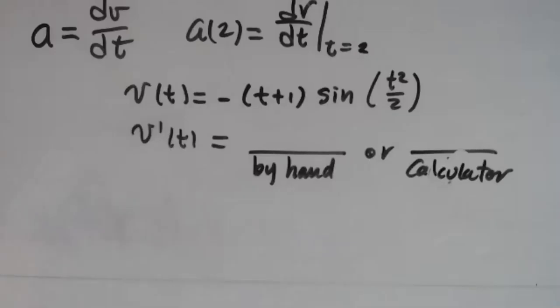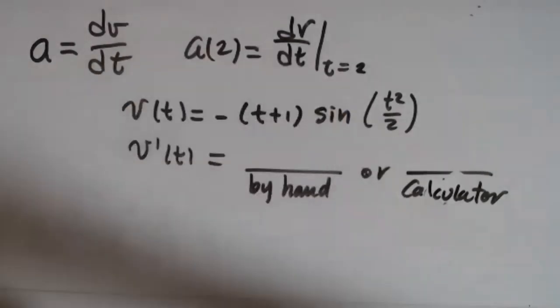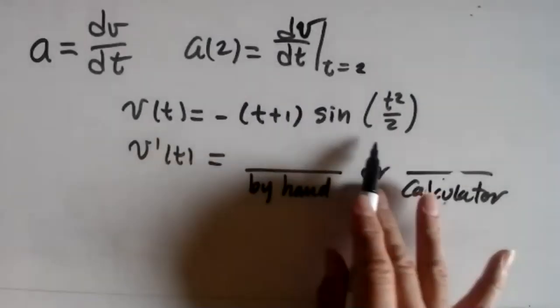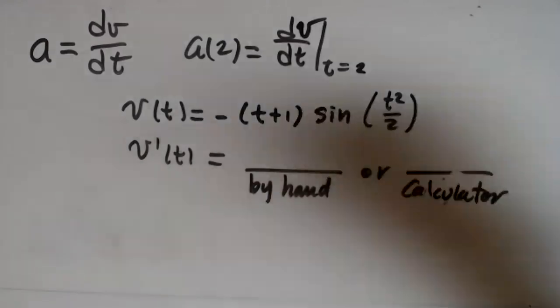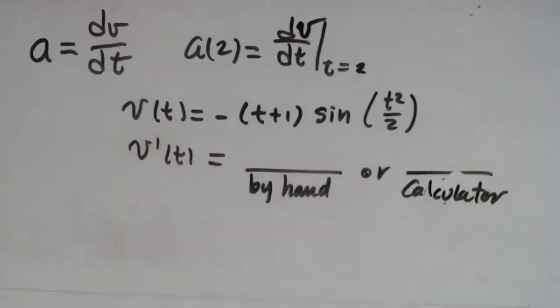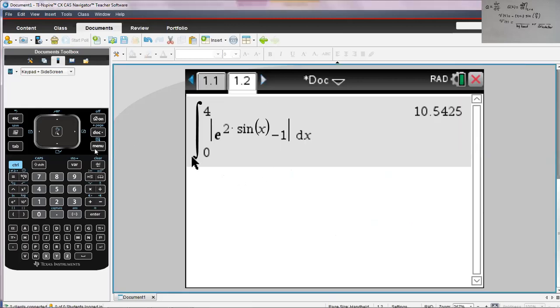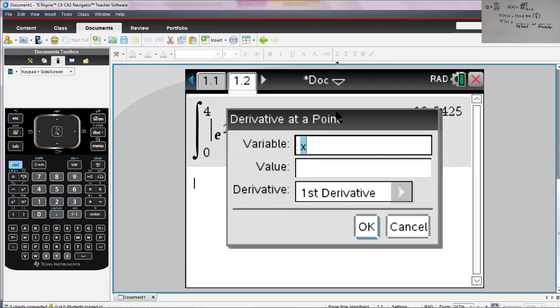Grabar esto. Okay. So, this is the definition of the acceleration. If we need the acceleration at time 2, we have to take the derivative and evaluate at 2. This is the v. So we have to take this derivative in the calculator. So we do menu, calculus, derivative at a point.